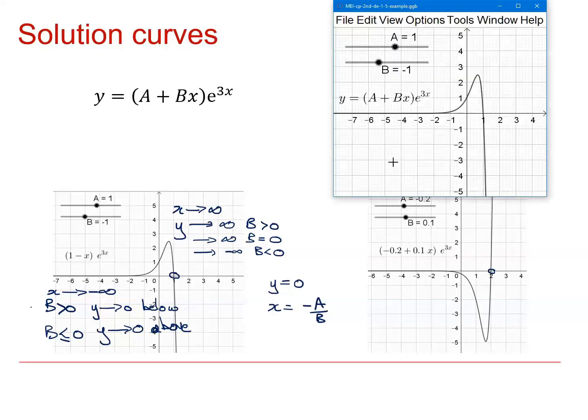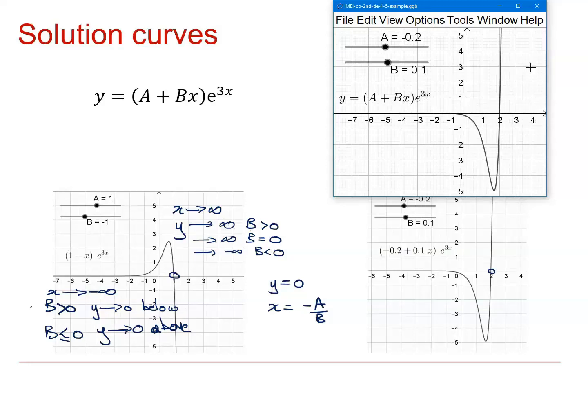Let's have a look at a dynamic plot of that. This is the parameters for the left-hand graph, and I can adjust them to give me the parameters for the right-hand graph. So drop this down to minus 0.2 and this one up to 0.1, and there we get the right-hand graph. Now we could just check some of these. So what happens when b is positive?